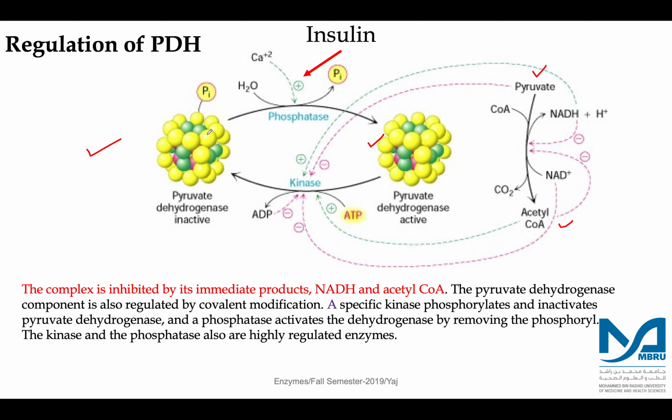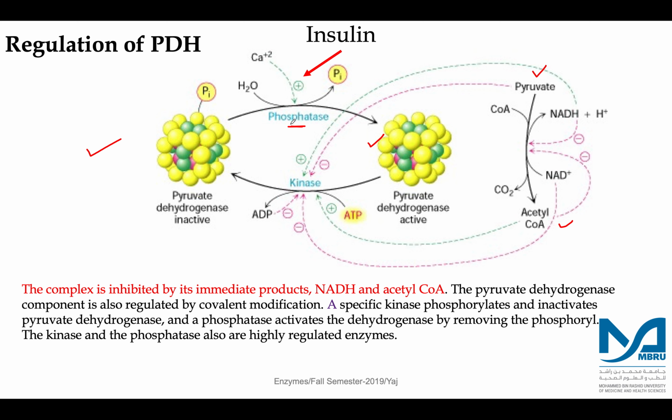In order for the inactive form to get converted to the active form, we use an enzyme phosphatase, which is a hydrolase which catalyzes the conversion of pyruvate dehydrogenase inactive to pyruvate dehydrogenase active form.